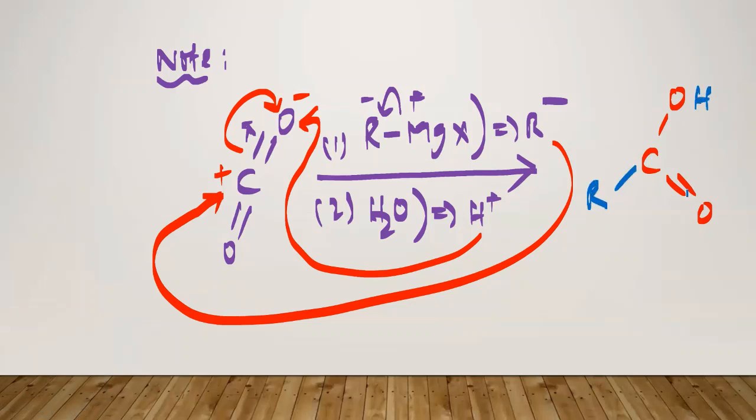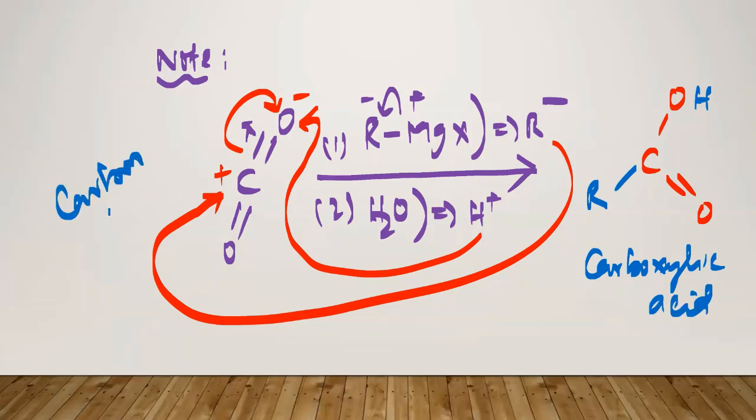So it is RCOOH, that means you are getting carboxylic acid. So when you treat carbon dioxide with Grignard's reagent followed by hydrolysis with water, you will get carboxylic acid.